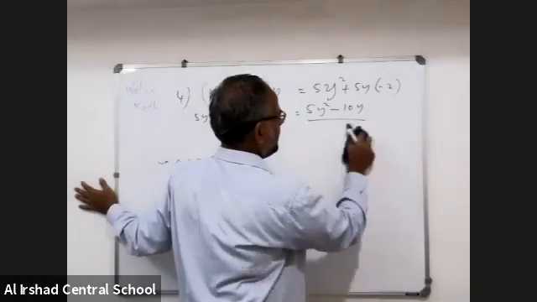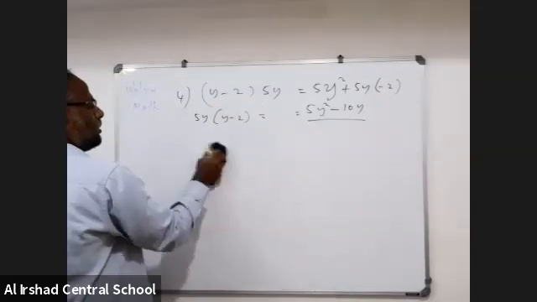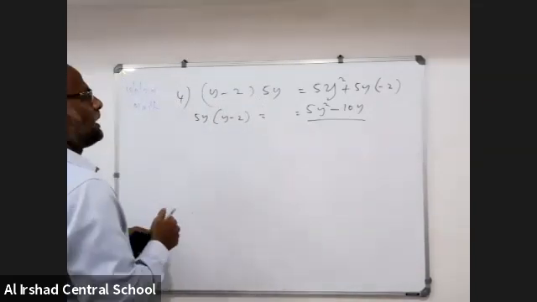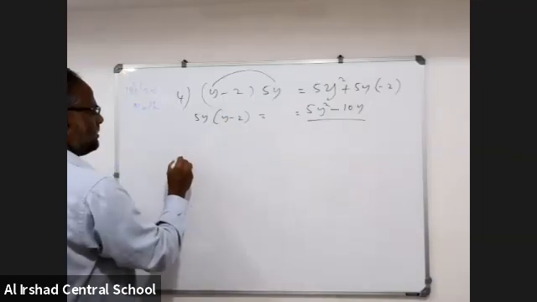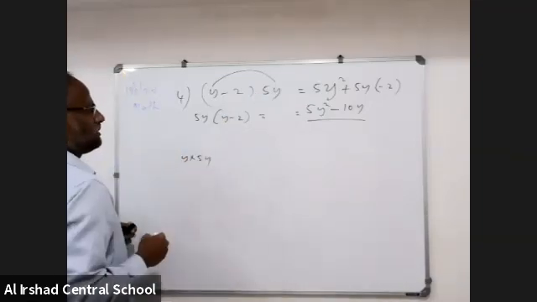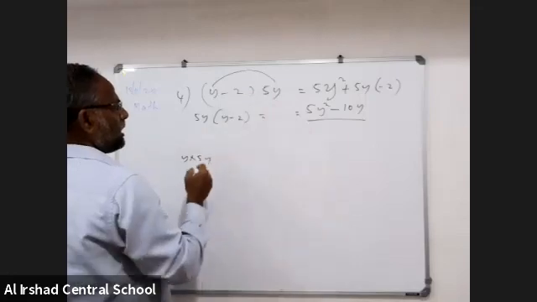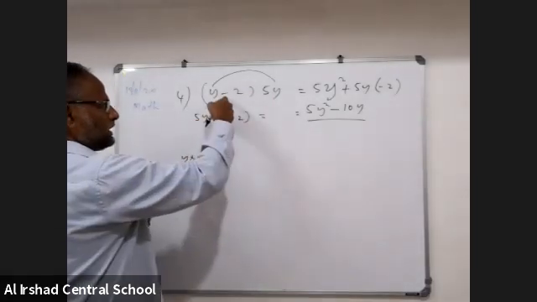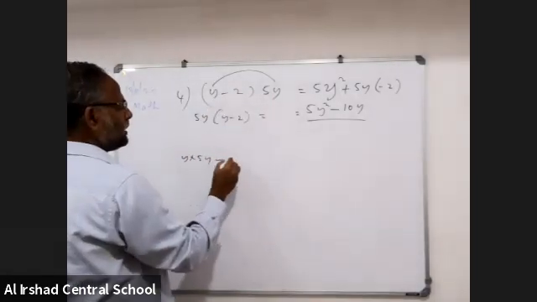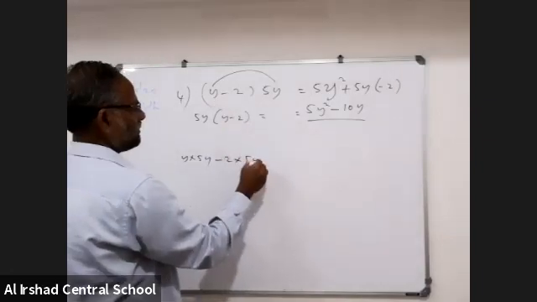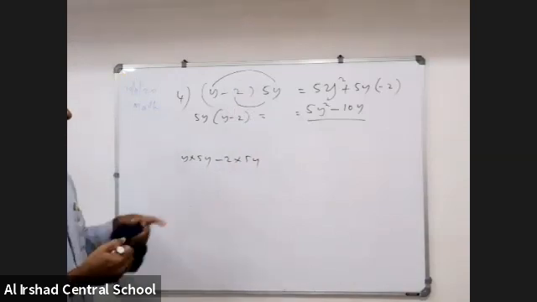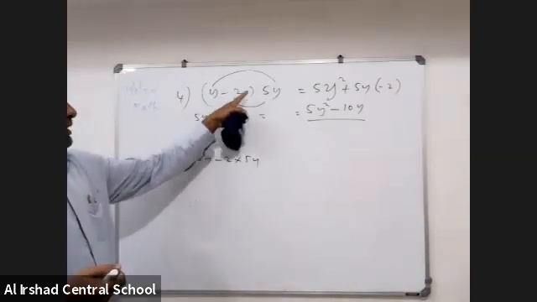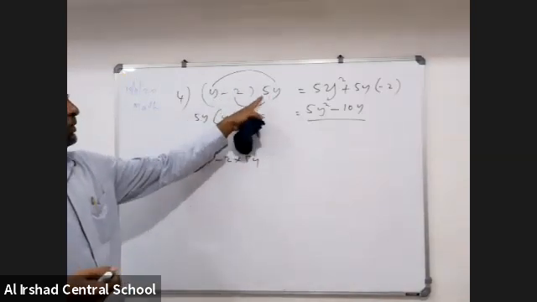What I did here, I am starting from here. y into 5y, y into 5y. Then after that, listen here, minus 2 into 5y. This is minus 2, not plus 2. Minus is there. y into 5y, minus 2 into 5y.